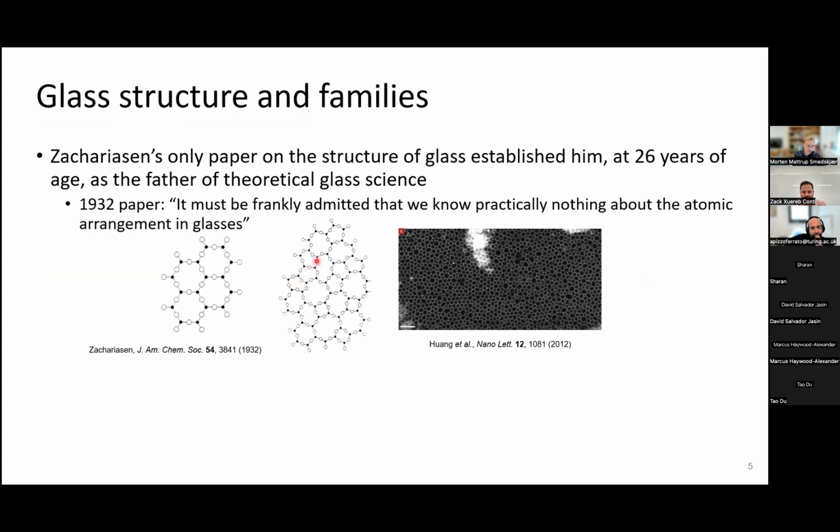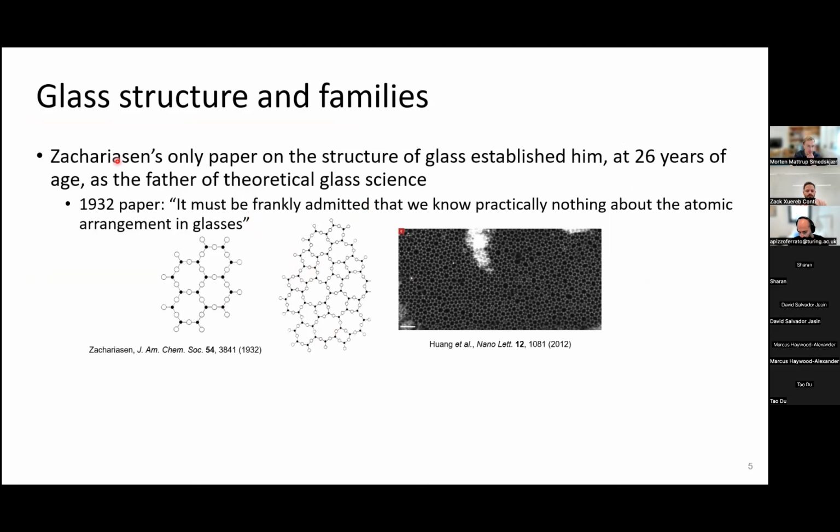Okay, so to tailor glasses with some properties, the paradigm in materials science is that we need to understand the structure. And the structure of glass is, at least traditionally, much more difficult to determine compared to many crystalline materials, because we don't have the order. We have this disorder, this amorphous state, because of the way it's formed.